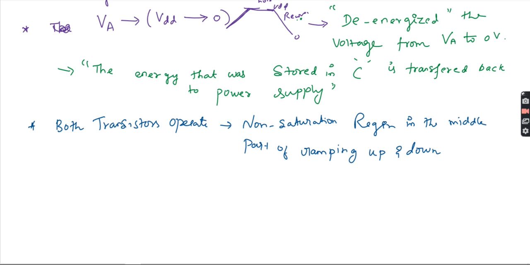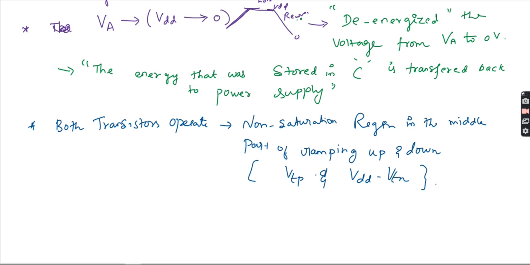That is the range, between VTP and VDD minus VTN.